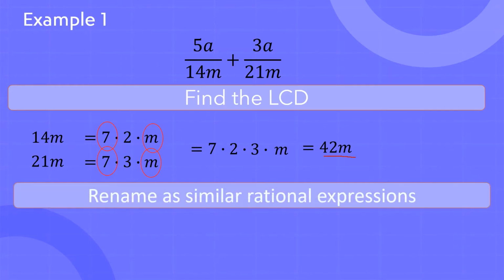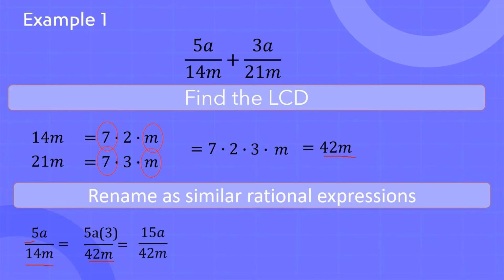Next step is rename as similar rational expressions. Okay, kunin muna natin yung ating first term or first expression. So, 5a over 14m. Gagawin natin na ang denominator niya ay 42m. So, 42m divided by 14m multiplied by 5a. And that is equivalent to 5 times 3 because 42m divided by 14m is 3, then multiply by 5a.